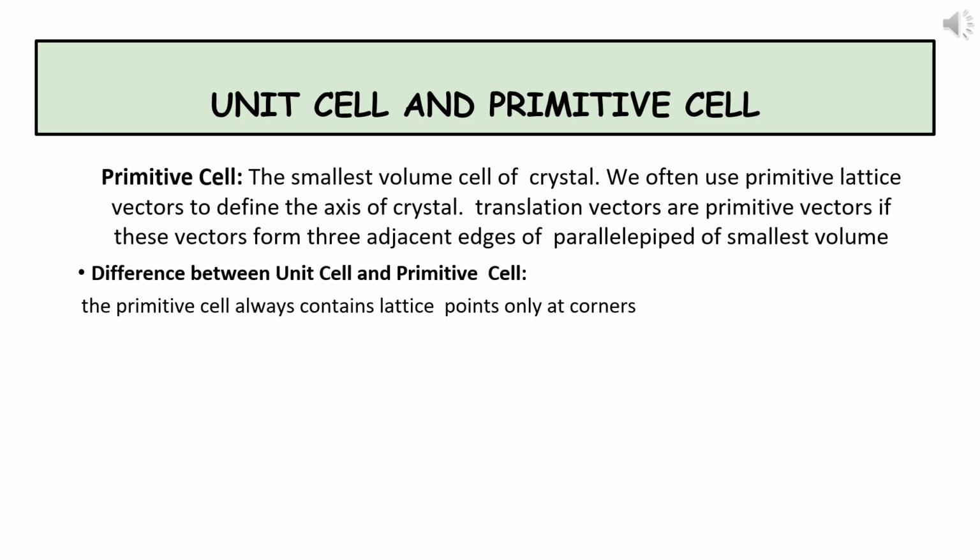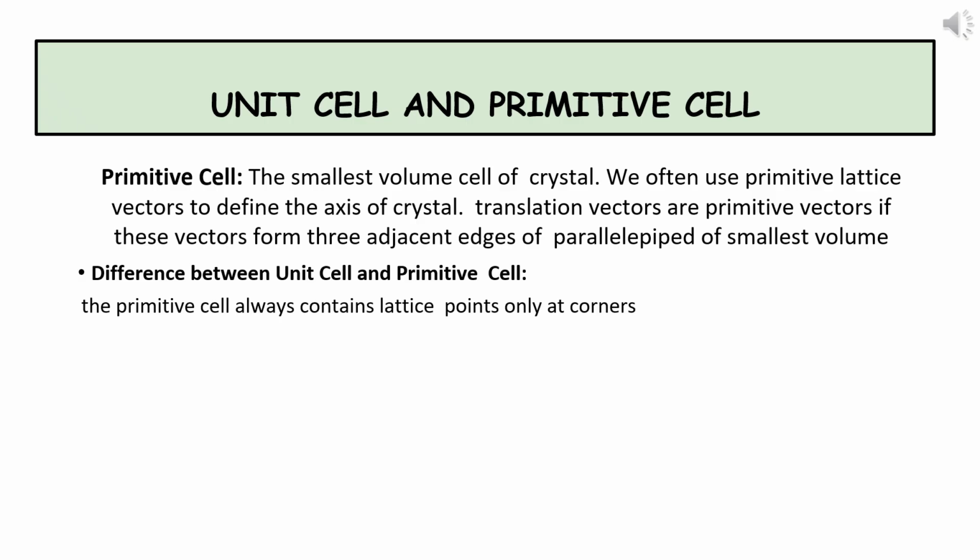What is a primitive cell? A primitive cell is the smallest volume cell of a crystal. We often use primitive lattice vectors to define the axes of a crystal. Translational vectors are primitive vectors if these vectors form three adjacent edges of a parallelepiped of smallest volume.